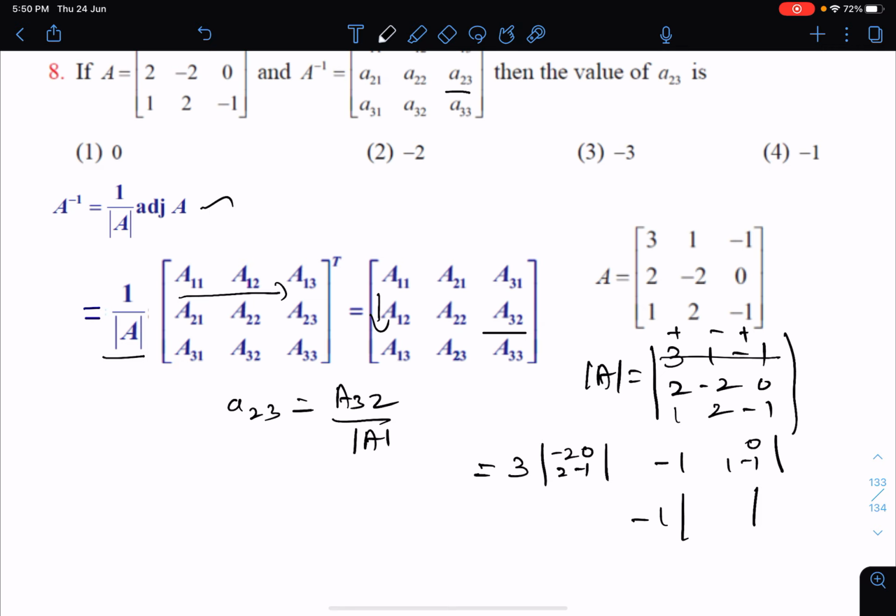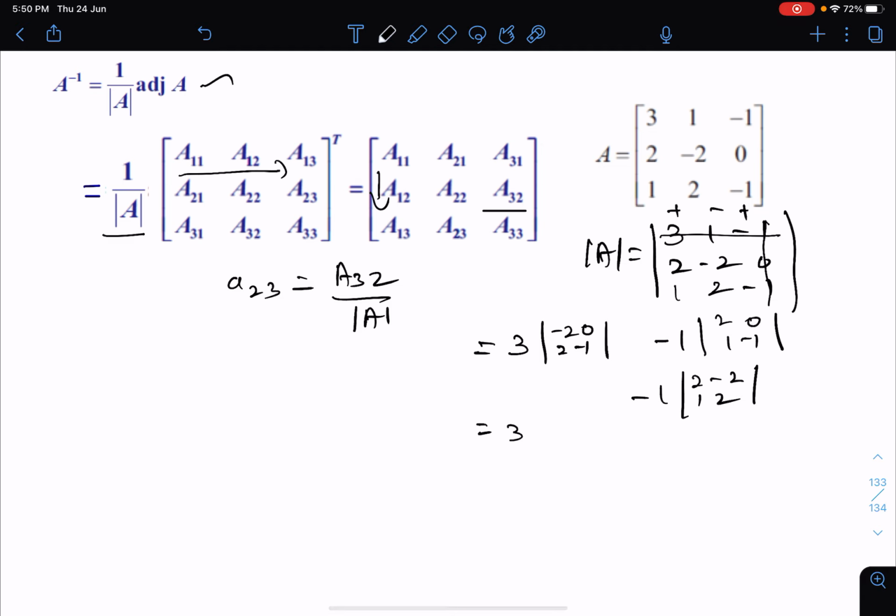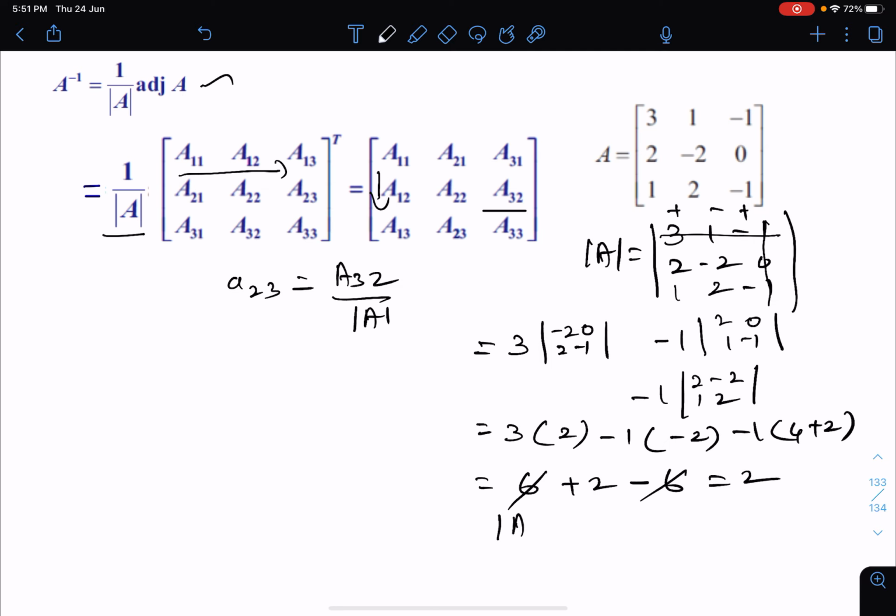Now deleting the third column, you get 2, minus 2, 1, 2. So this is going to be 3 into minus plus 2, the other one is 0, minus 1 into minus 2, minus 1 into 4 plus 2. So this is 6 plus 2 minus 6, 6 and 6 get cancelled, that is equal to 2. Therefore determinant A equals 2.